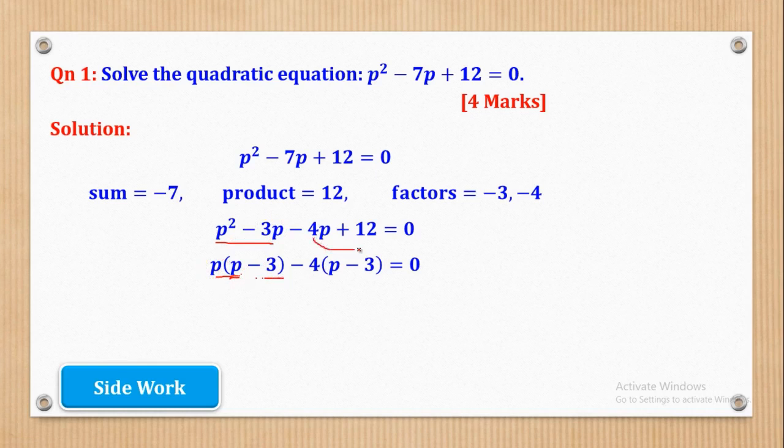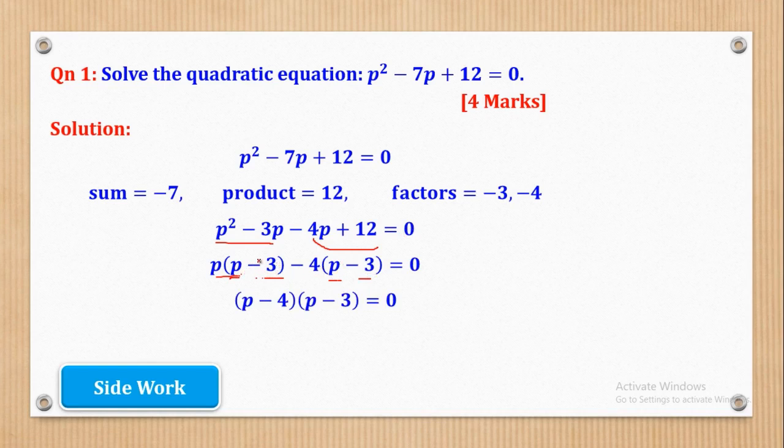Then also do the same for this part, pair those two. When I pair those two, I realize that the common factor is -4. Now when I pull out -4, for this part I will say -4p divided by -4, I'll get +p, which is that. Then for this part, I will say +12 divided by -4, I'll come up with -3, which is that. Then continue with equal to 0. Now next we also realize that p minus 3 is common in both.